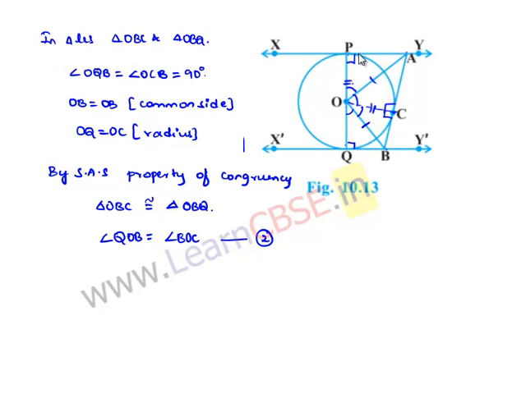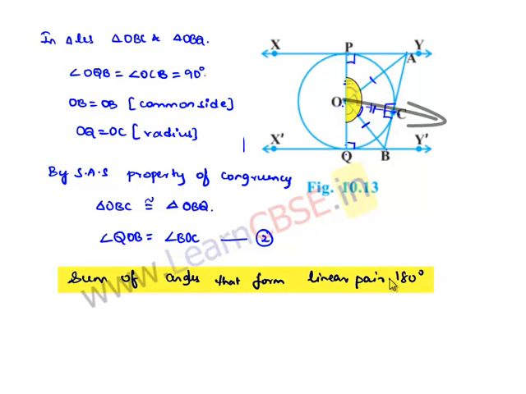Now if we consider PQ as a line segment, O as a point and OC as a ray intersecting PQ at O, then angle POC and angle COQ form a linear pair here. Therefore we know the sum of angles that form a linear pair is equal to 180 degrees. We can say that angle POC plus angle COQ is equal to 180 degrees.